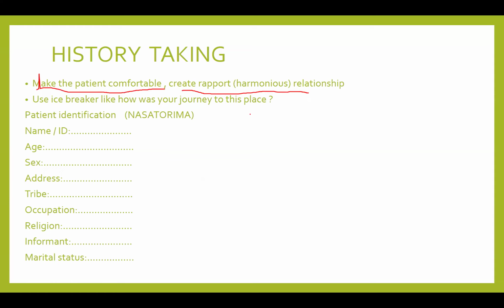You'll find that someone can have an issue in their genitalia, but if they see that the environment does not support them to start talking about their genitals, they'll tell you their nail is paining or something else, and then wait for another opportune moment when they will feel comfortable to disclose. So usually in this case, I encourage you to use an icebreaker.